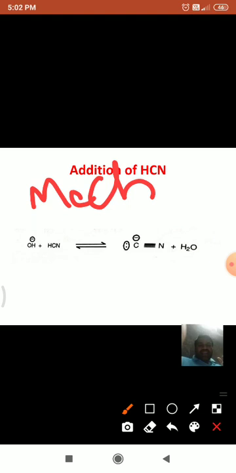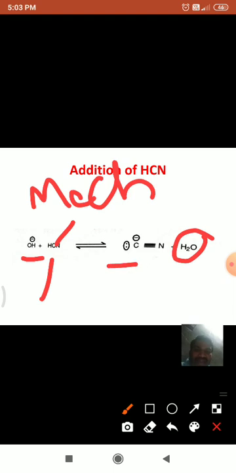However, if the reaction is carried out in basic conditions, the hydrogen cyanide yields cyanide ion. This cyanide ion acts as a nucleophile. For example, the formation of cyanide ion is like this. In the presence of basic condition, this is hydrogen cyanide. It loses H plus and forms water, and here this is cyanide ion.